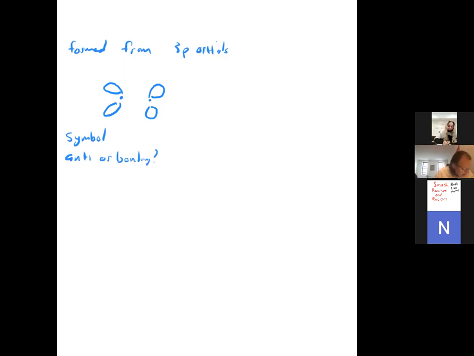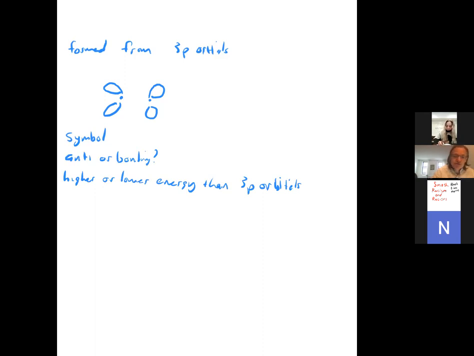And then you want to know, does it have higher or lower energy than the 3p orbitals? Now, the only question I have is when you do the symbols, do they want you to put the asterisk? Okay, so they want you to write the full symbol.